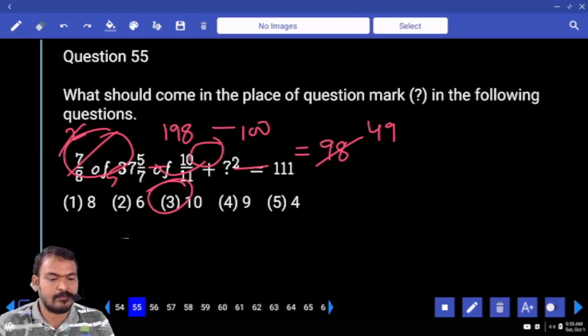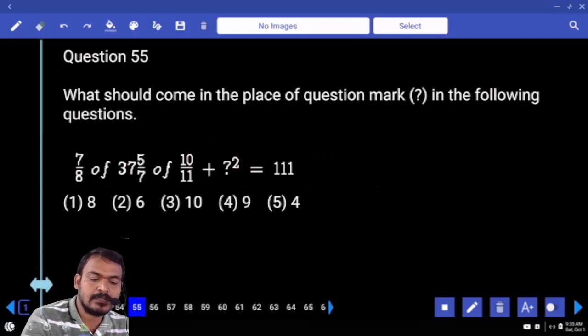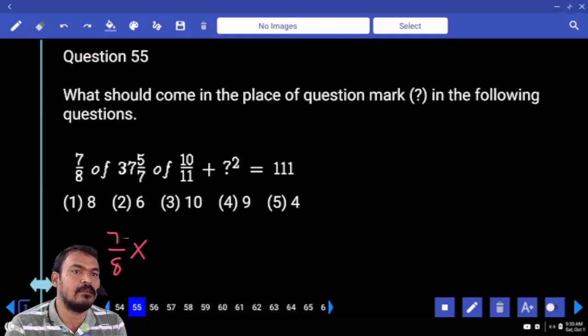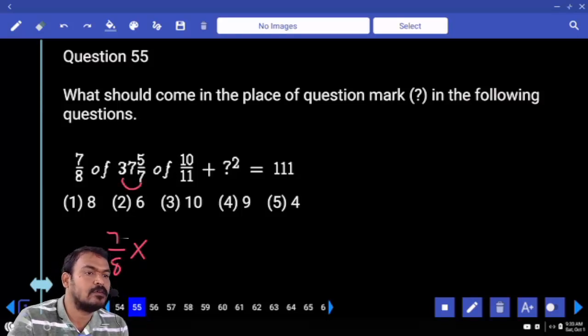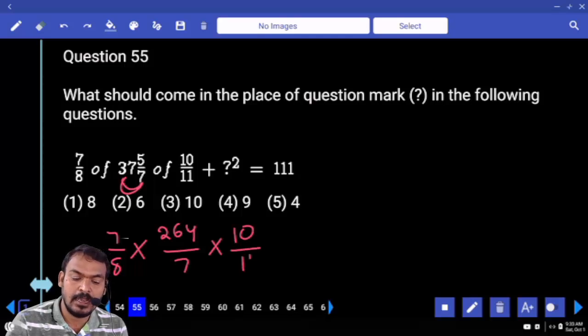Next, question number 55. What is the first one? 7 by 8 into 37, 5 by 7. 730 is how much? 210. 7 7s are 49. 210 plus 49, 259 plus 5, 264 by 7 into how much? 10 by 11.